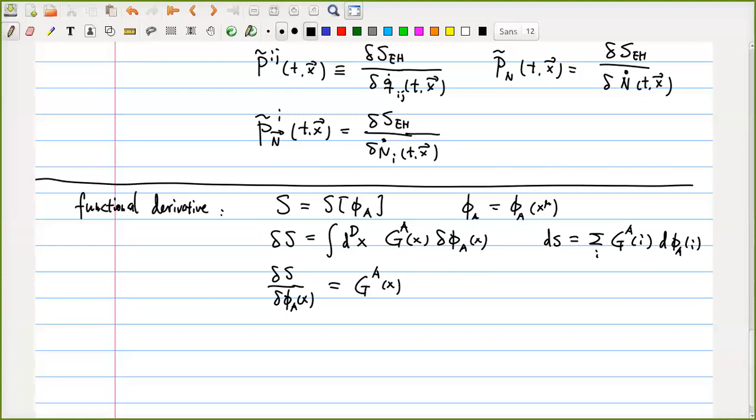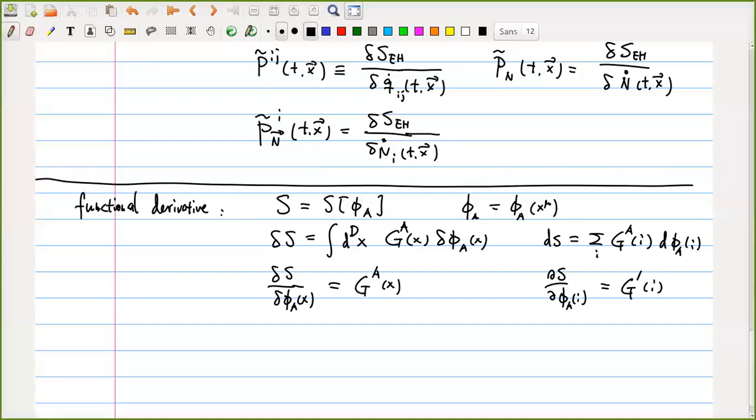The difference between infinite and finite degrees of freedom is that here you integrate over x, and there you only have a finite sum over i. This is just ordinary calculus, the ordinary total differential. And from this formula, you can read off, of course, that partial S over partial phi_A^i equals g_A^i.